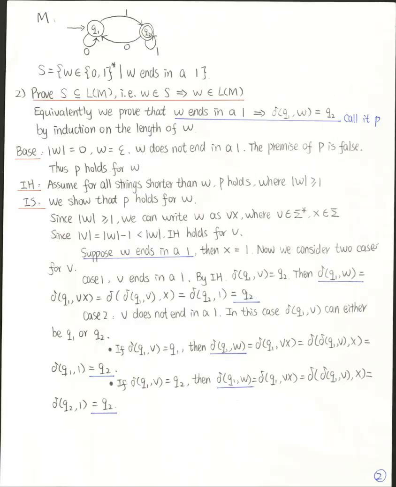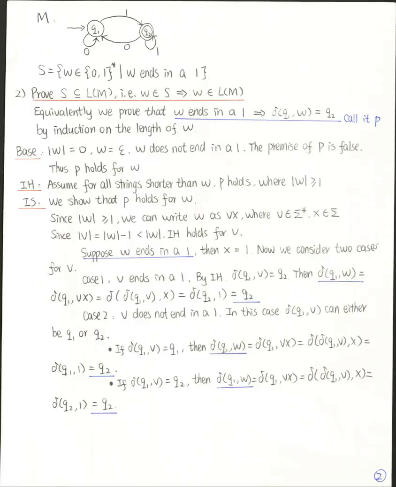From there, if I read one more 1, the machine stays at Q2. So after reading the whole string W, the machine ends in Q2. In this case, I have also shown that suppose W ends in a 1, then the machine ends in Q2 after reading W. That means the property P holds for W. In all these cases, I have shown that if the premise is true, then the conclusion is true. So the property is true for W.